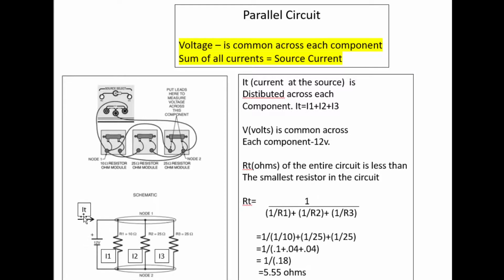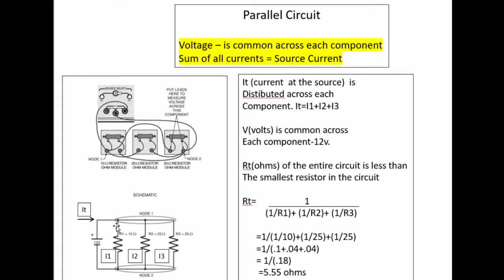The total current coming in is going to split three ways, right? I1, I2, and I3. So the common element in this parallel circuit is not the current like it was in the last circuit, but it's the voltage. We got 12 volts across each one of these resistors.